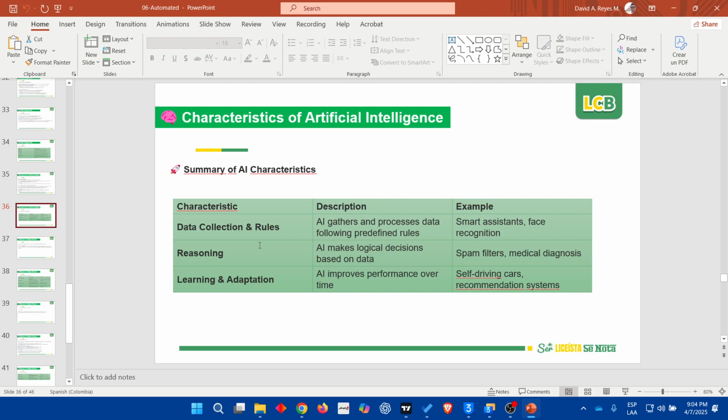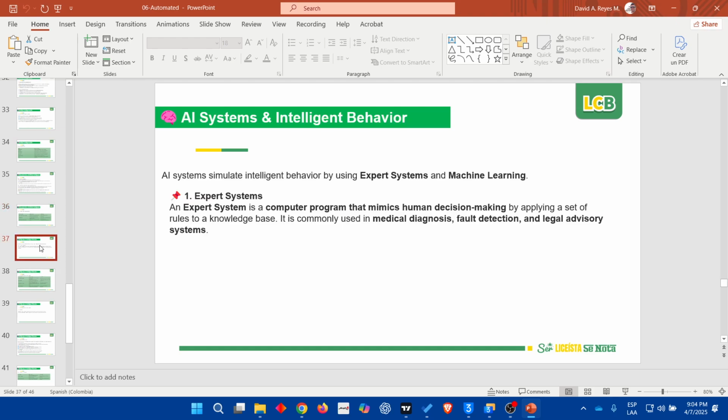So all the information is going to get inside the system, is going to be processed and compared with the rules. Then with that information, the artificial intelligence is going to make a logical decision based on data and is going to improve its performance over time.